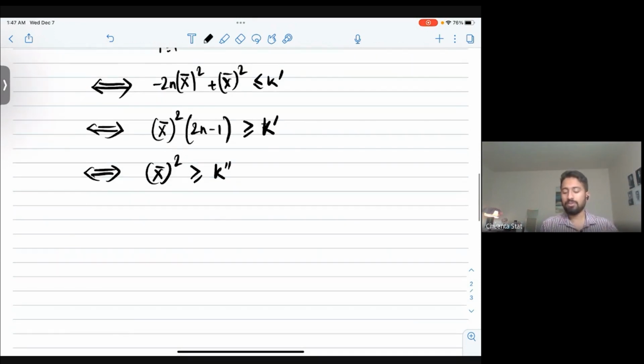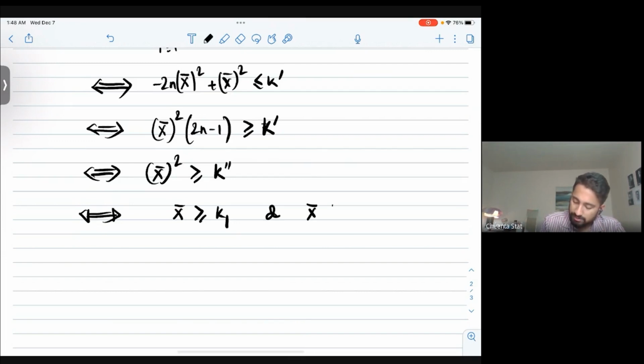This is the form of the rejection region. That means x bar is greater than or equal to a certain k1, or x bar is less than or equal to minus k1.